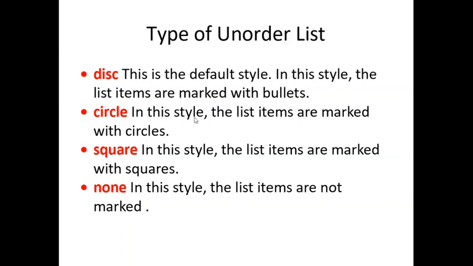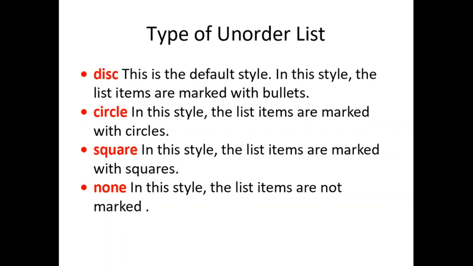Circle: in this style, the list items are marked with a circle. Square: in this style, the list items are marked with a square. None: in this style, the list items are not marked.